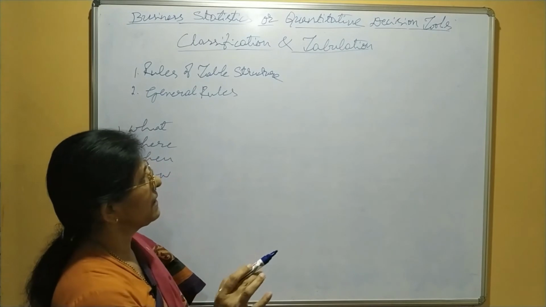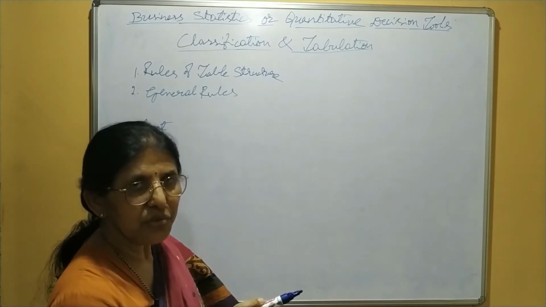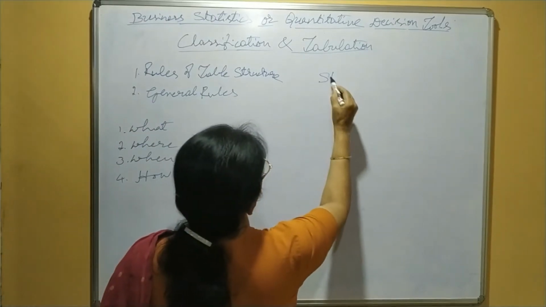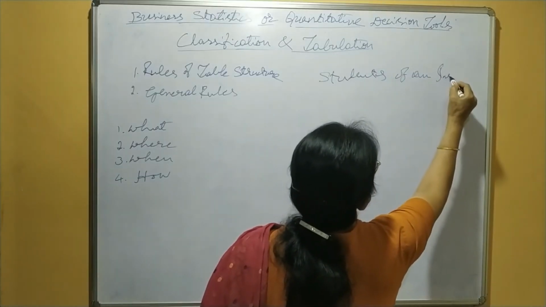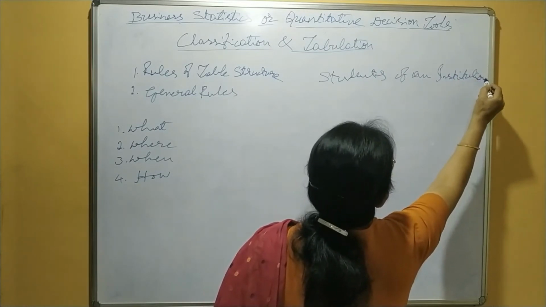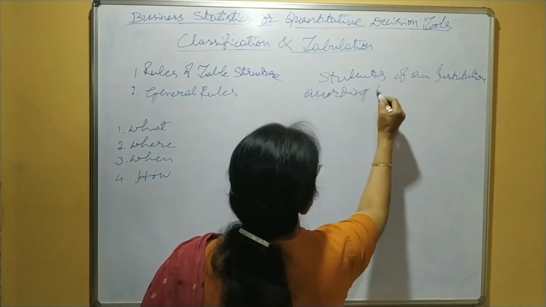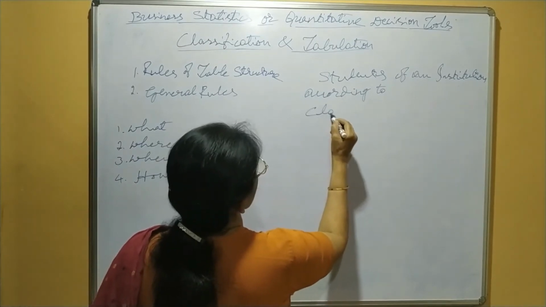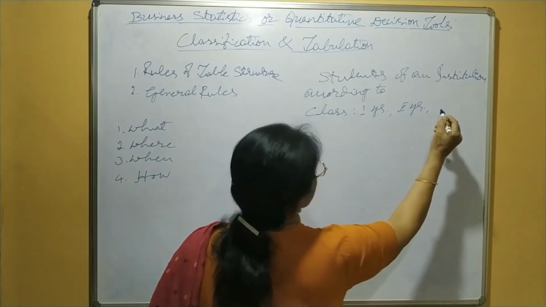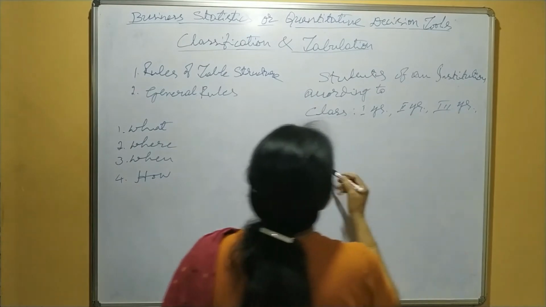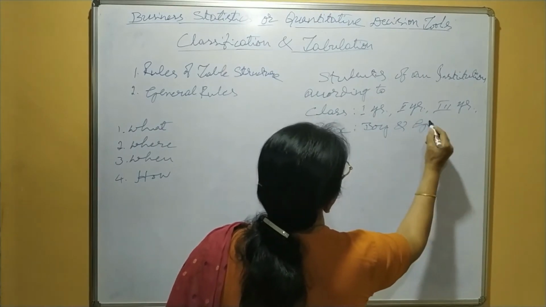If the problem is given like this: draft a blank table to accommodate the students of an institution according to class, first year, second year, third year, and sex, boys and girls.